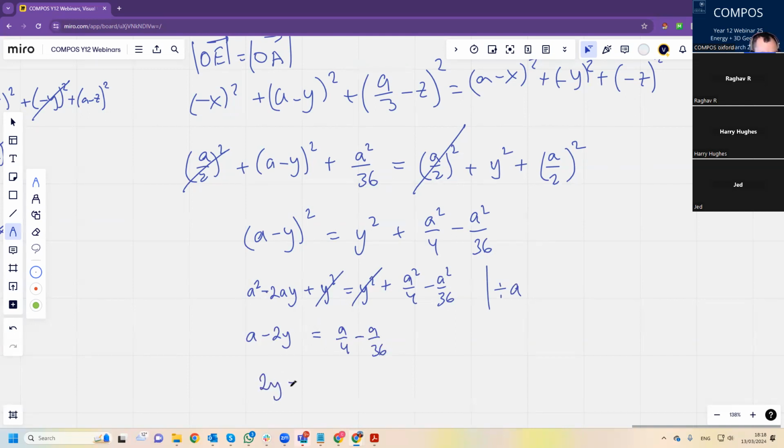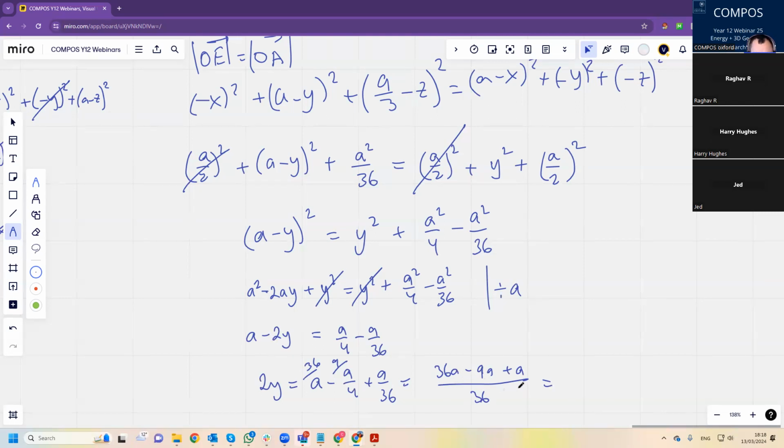Okay, so 2y is a minus a over 4 plus a over 36 equals 36a minus 9a plus a over 36. You should get 14. Or maybe not. Let's see.